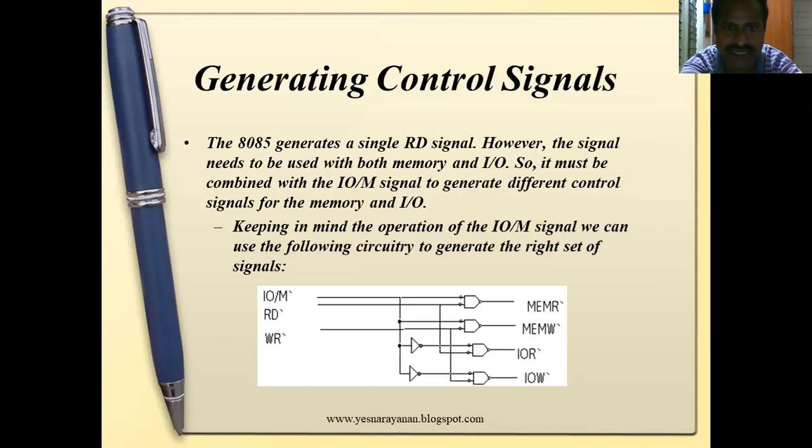Keeping in mind the operation of the IOM bar signal, we can use the following circuitry to generate the right set of signals. This circuit has 3 inputs: IOM bar, read bar and write bar, and it gives 4 outputs.